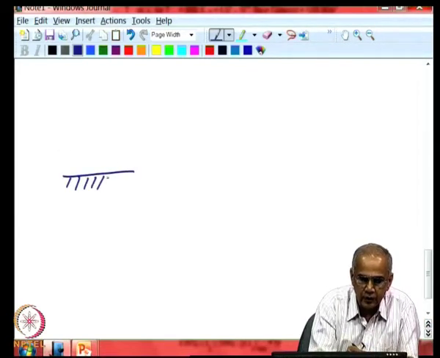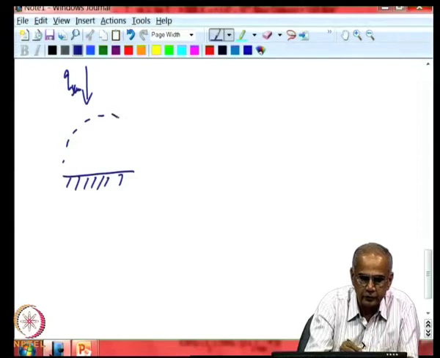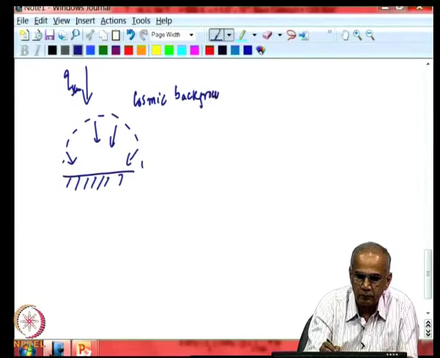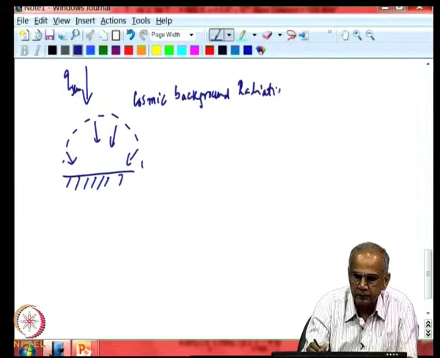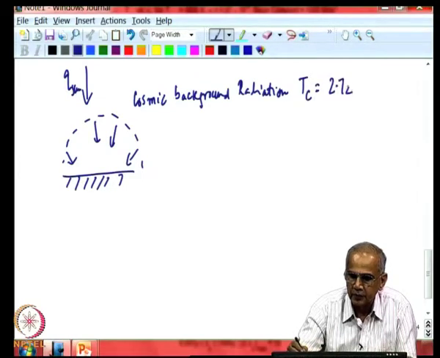Here is the flat surface, it is subjected to the sun's radiation. It is also subjected to radiation from all around. This is known as cosmic background radiation. This is from a black body at around 2.72 degrees Kelvin.